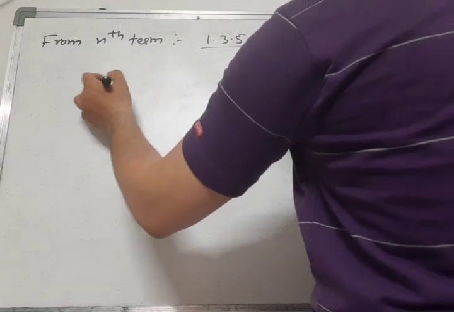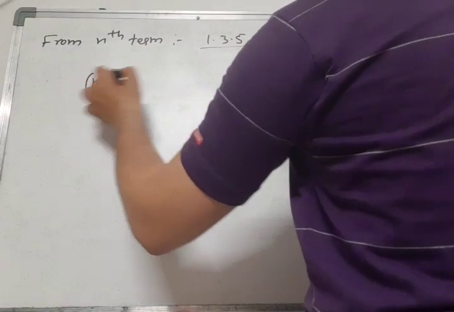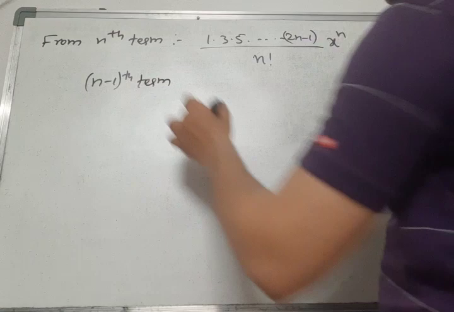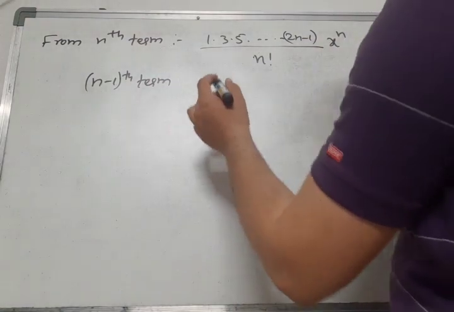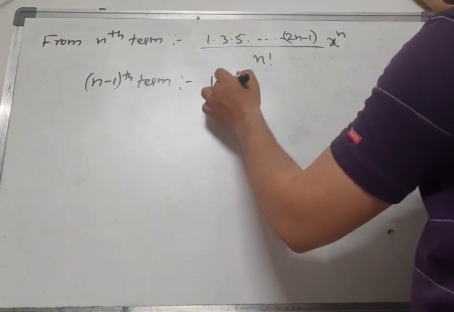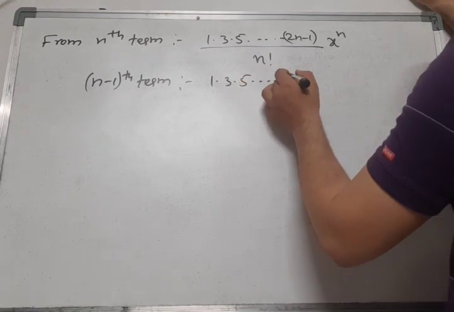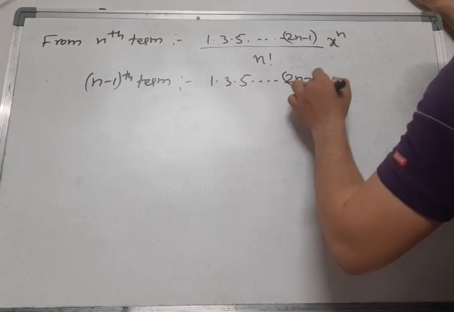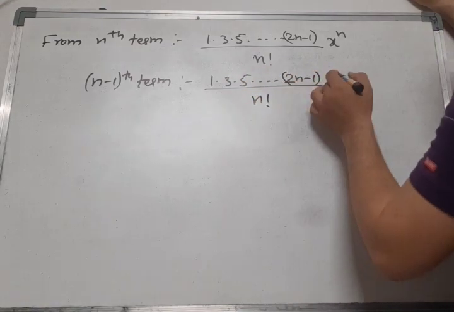And from the n minus 1th term, what we got? 1 into 3 into 5 into so on up to 2n minus 3 by n factorial.